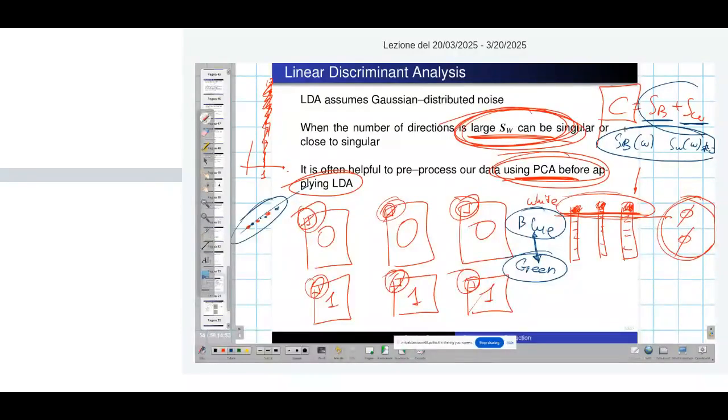One thing that we can do is, rather than using SW directly, we add a small epsilon value to the matrix, which will not change the directions for epsilon small enough, but will make the model robust when I need to estimate the directions where SB is large and SW is small.